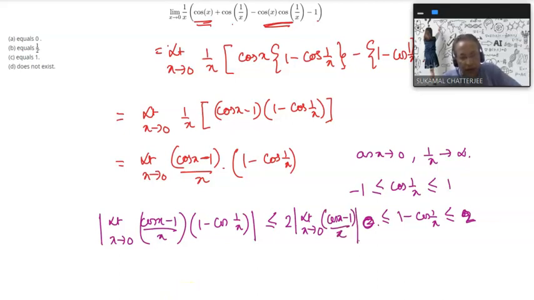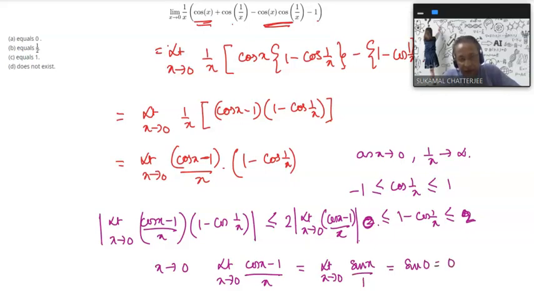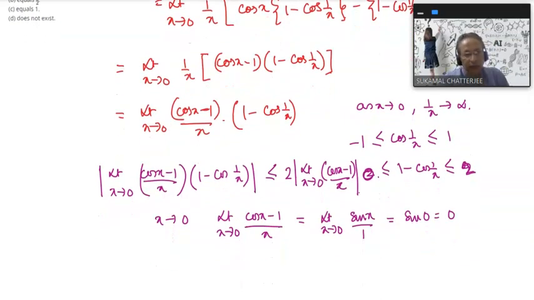So when x tends to 0, the limit of cos x minus 1 by x will become limit x tending to 0 of sin x by 1, which is sine of 0, which is 0. So that means the right hand side becomes equal to 0. So this is greater than or equal to 0, less than or equal to 2.